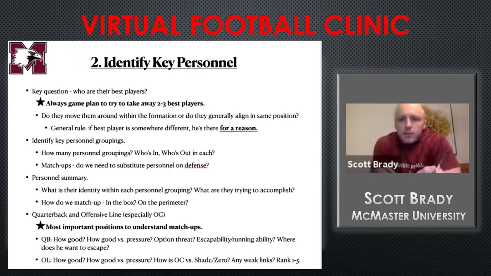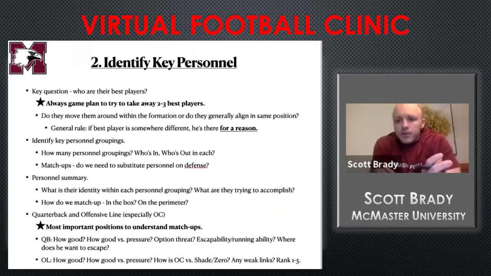The difference there is if they line up a guy in one spot all the time, it doesn't necessarily give you tendencies about what they're going to do with them there. When they start moving players around, typically you can find more tendencies with what they're going to do with certain guys lined in certain spots.